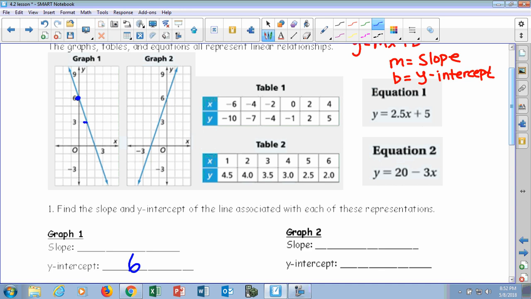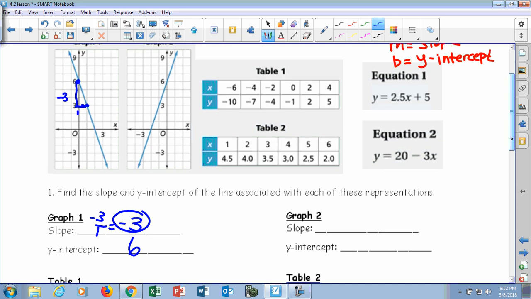Here's a point right here. My pen's a little off, but you can kind of see it right there. So let's count. It's going downwards, right? So we're down 1, 2, 3. So we're down 3, right 1. So that's negative 3 over 1, which is negative 3. So there's our slope for that line.